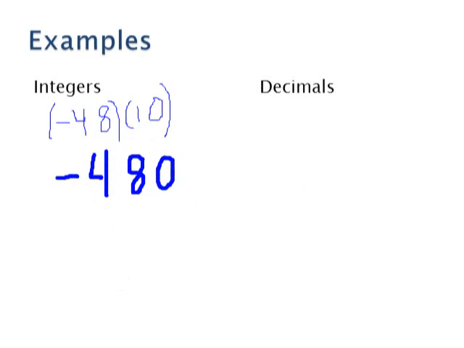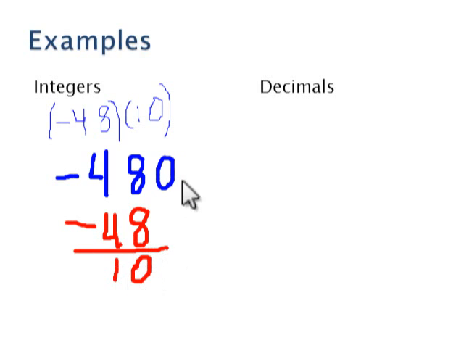Let's say that we were going to do negative 48 divided by 10. So it looks like we're dividing two integers, negative 48 and 10. So we're going to deal with the absolute values here first. Whenever you divide something by 10, you take the decimal point from where it is. So it's invisible in a whole amount, in an integer. If I want to make it visible, I would put it right there after the 8.